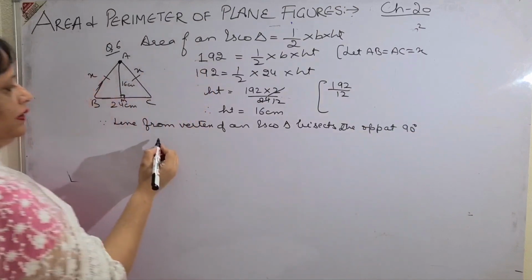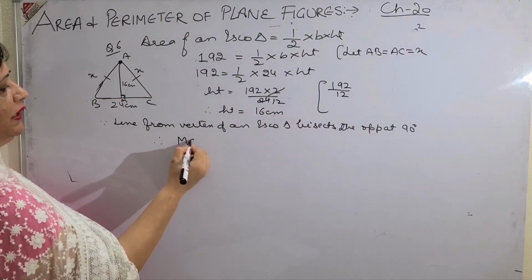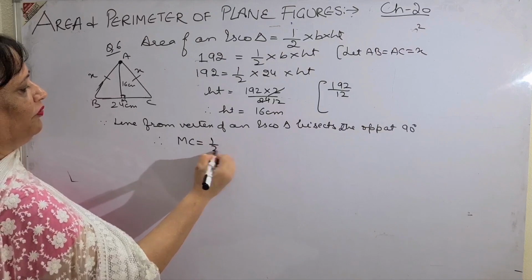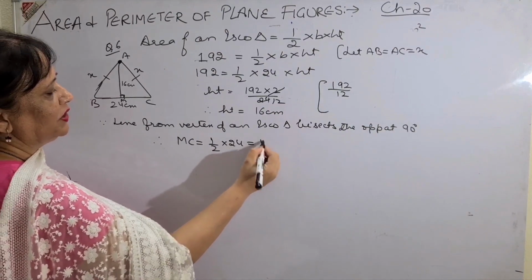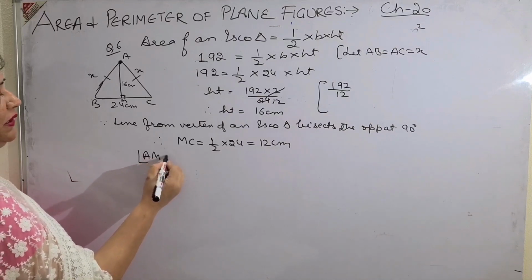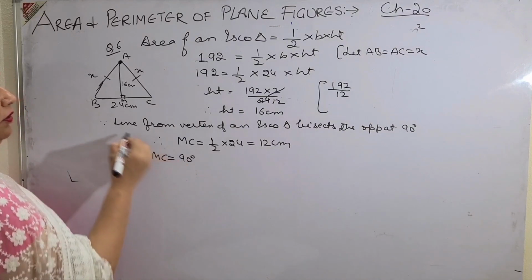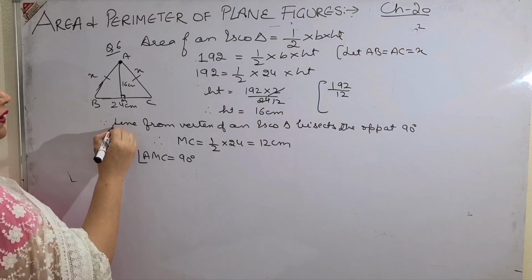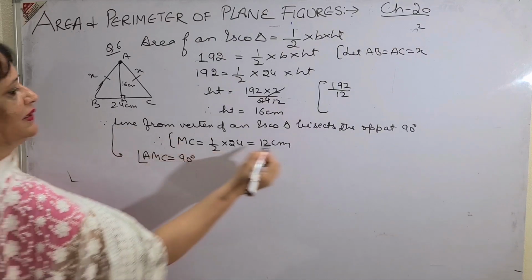Therefore, MC is equal to half of 24, that is 12 centimeter. Again, angle AMC is 90 degree. Both from the above given reason.